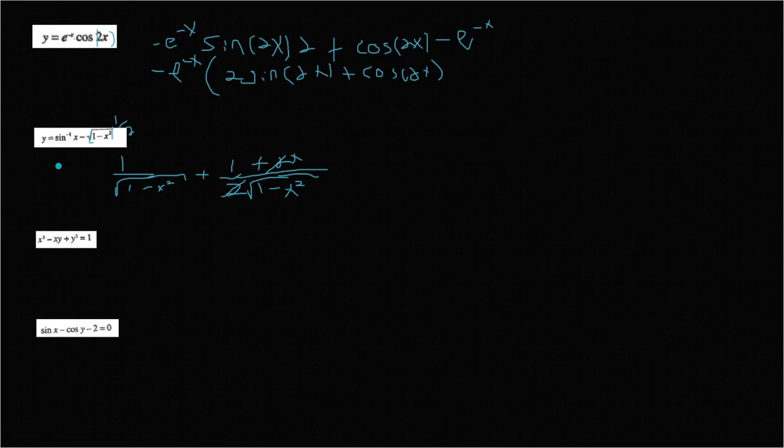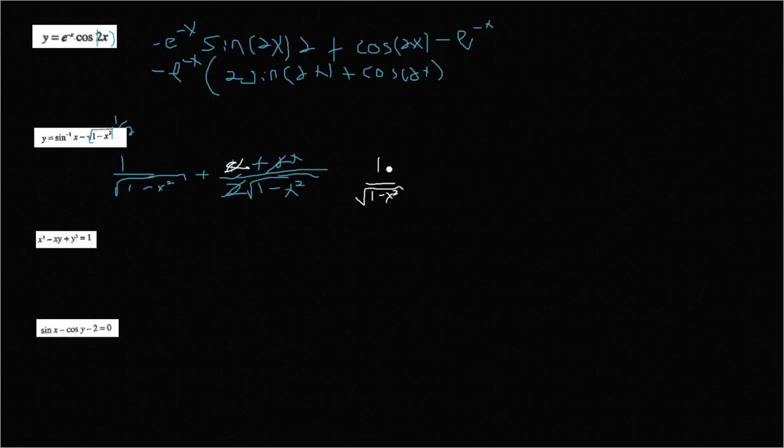So the final will be 1 over the square root of 1 minus x squared. It's actually kind of cool how these radicals are the same. And so let's see here. Oh, you don't need this 1 here.